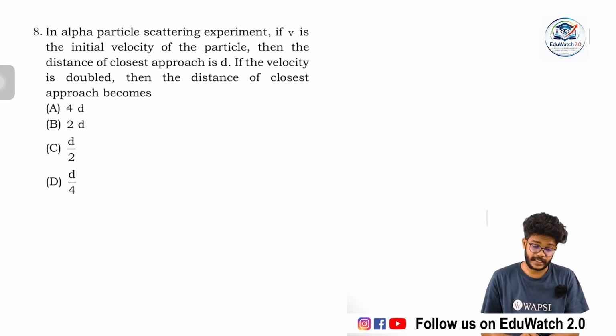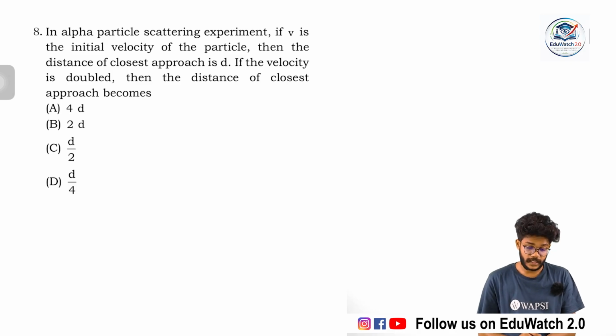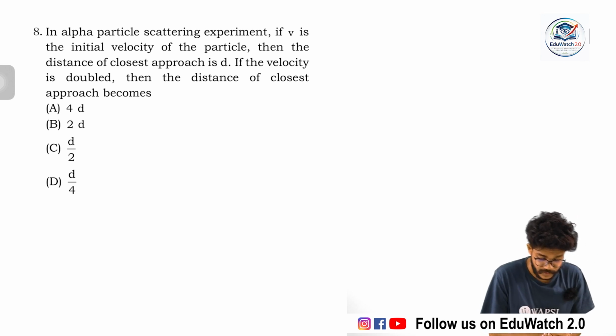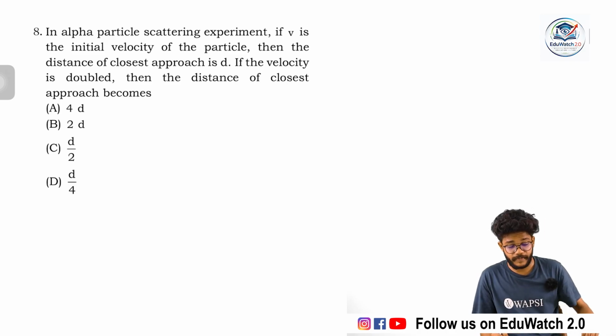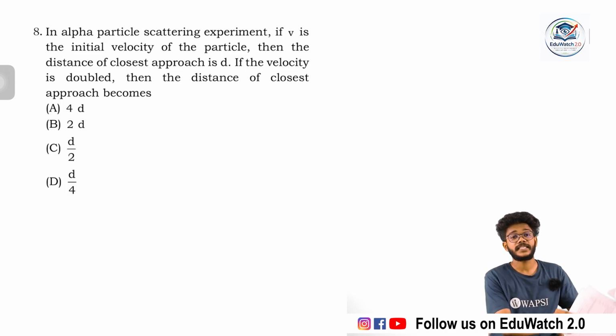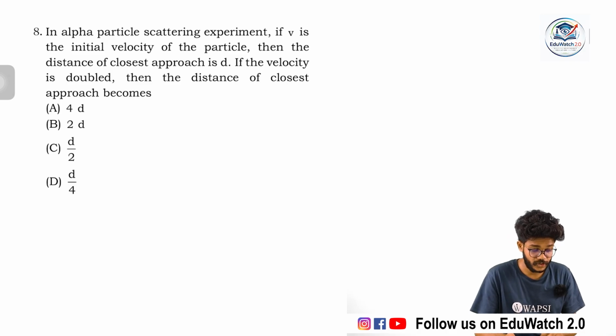In the alpha particle scattering experiment, if v is the initial velocity of the particle, then the distance of closest approach is d. If the velocity is doubled, then the distance of closest approach becomes? So we have to develop an equation with the velocity and the distance of closest approach.